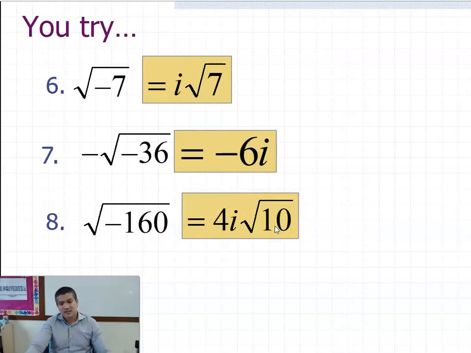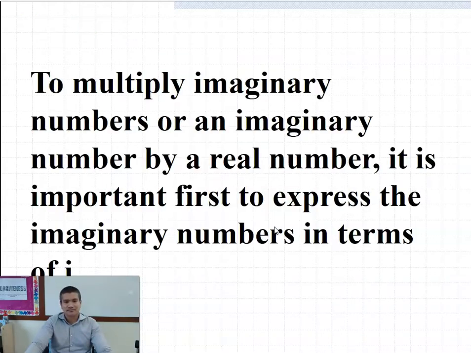Okay? So there are some problems that you are going to practice more. Okay, so you have to practice a lot of problems so that it's easier for you to refresh all the formulas that you're going to use in solving complex numbers.